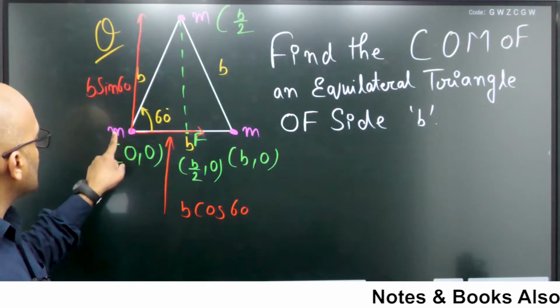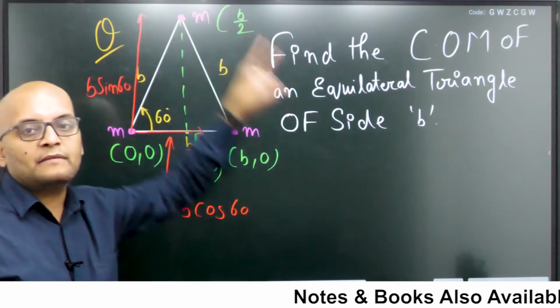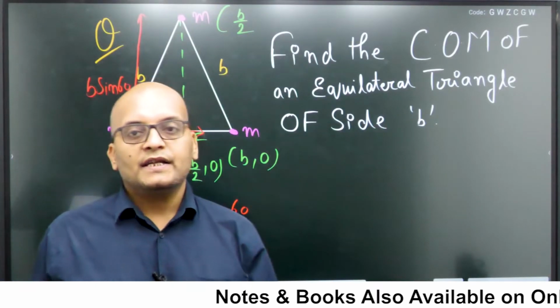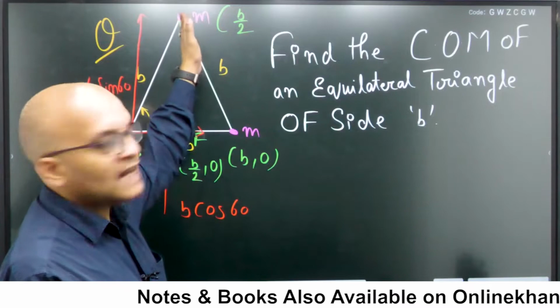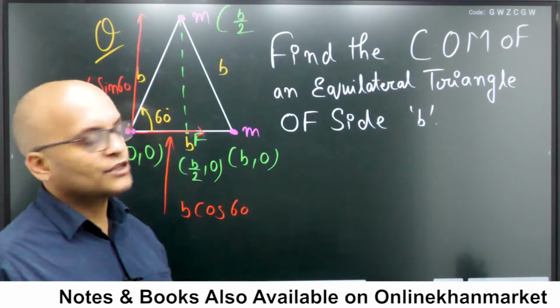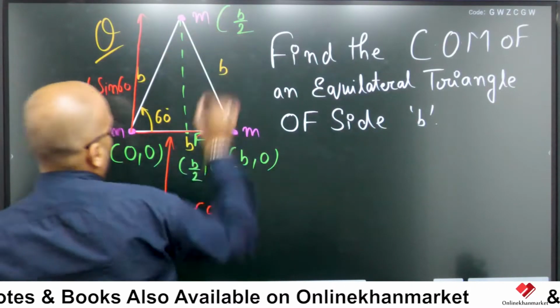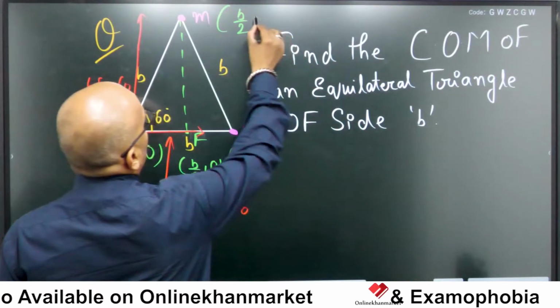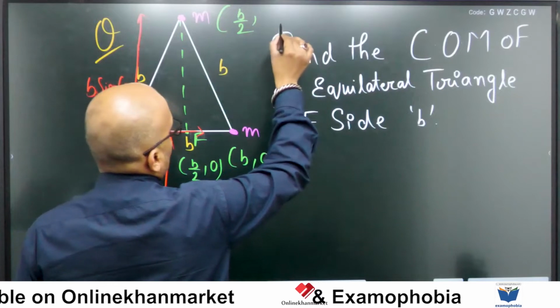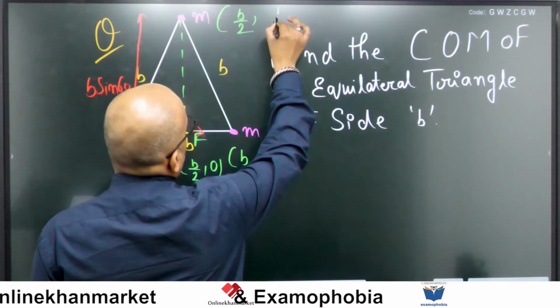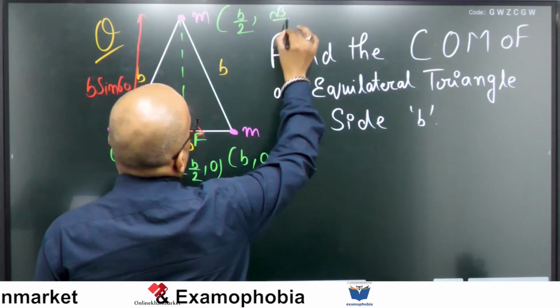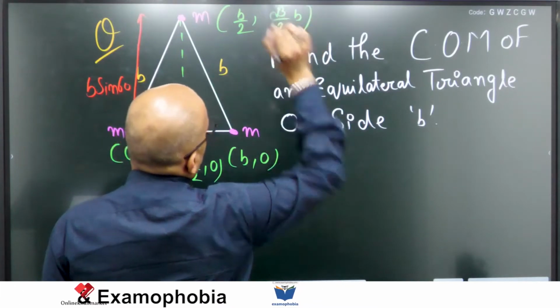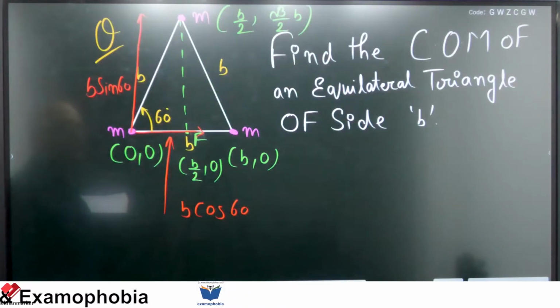If you observe closely, this is the height of the third mass from the origin. So what will be the value of it? Sin 60 is root 3 upon 2, so root 3 upon 2 into b.